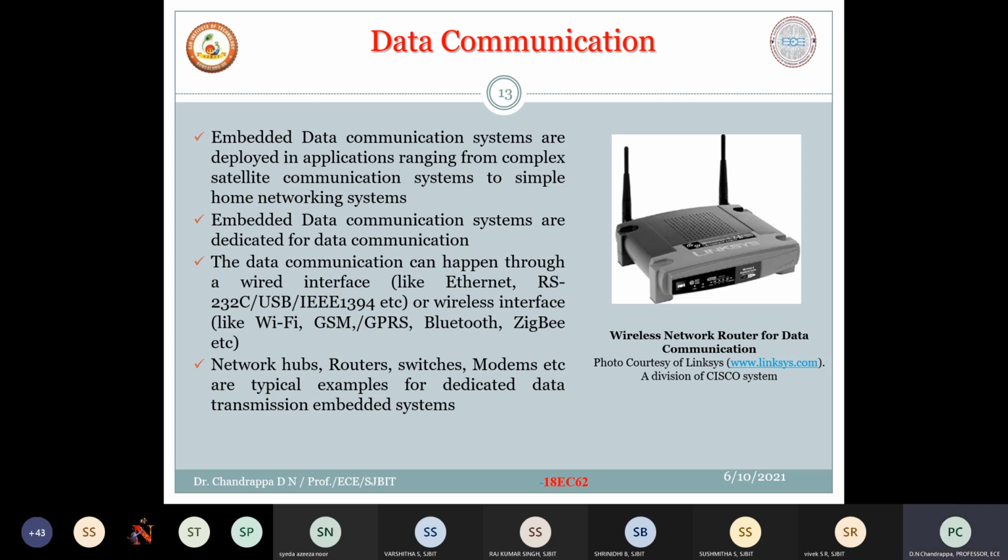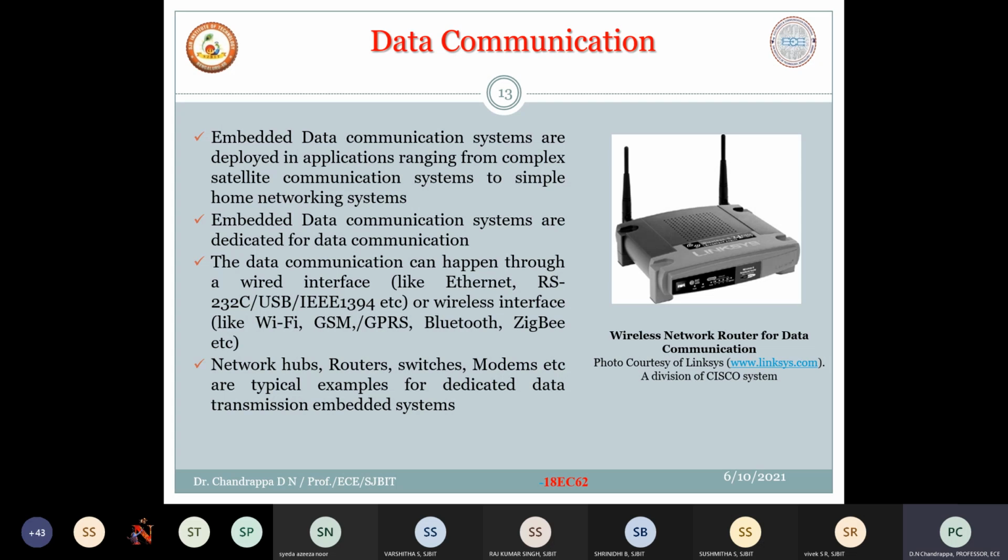These embedded data communication systems are deployed in applications ranging from complex satellite communication systems to simple home networking systems. Look into that range: from the home networking system to the satellite networking system.